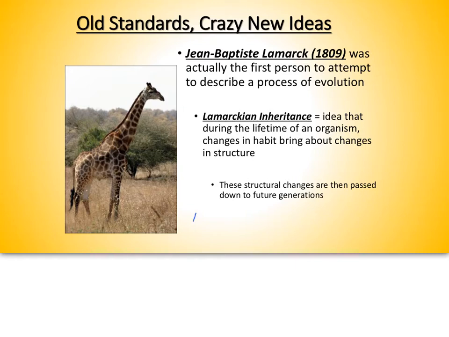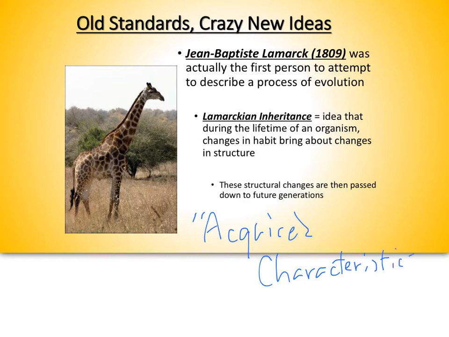His idea was called the inheritance of acquired characteristics. Today, we call this Lamarckian Inheritance in reference to him, but at his time, he didn't name it after himself. He just called it the inheritance of acquired characteristics.